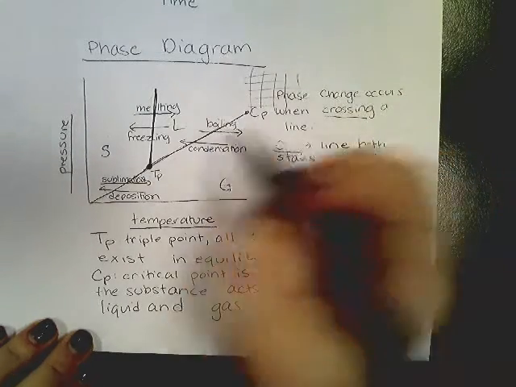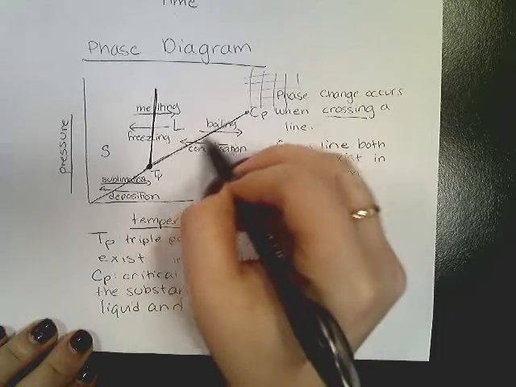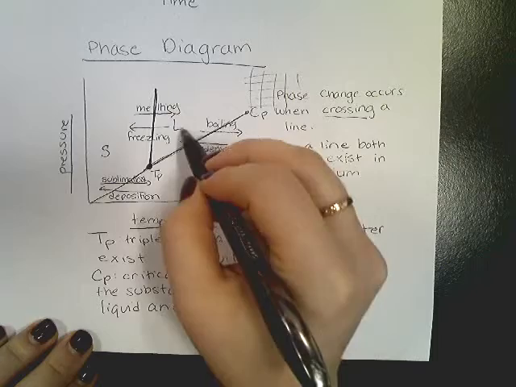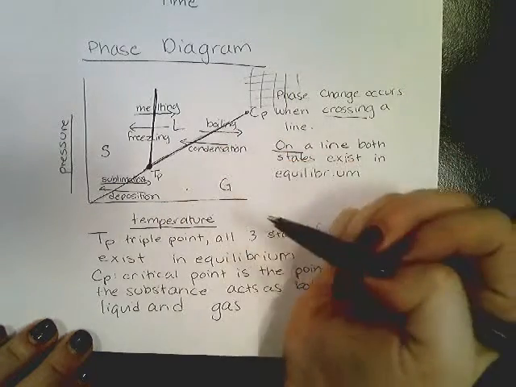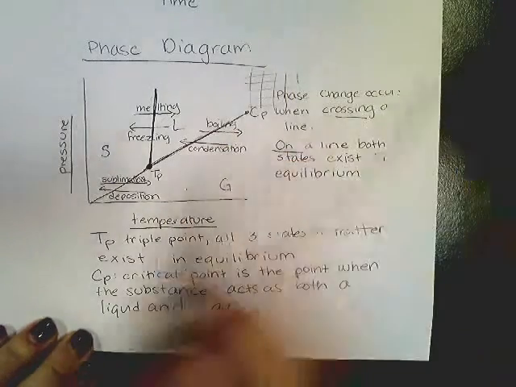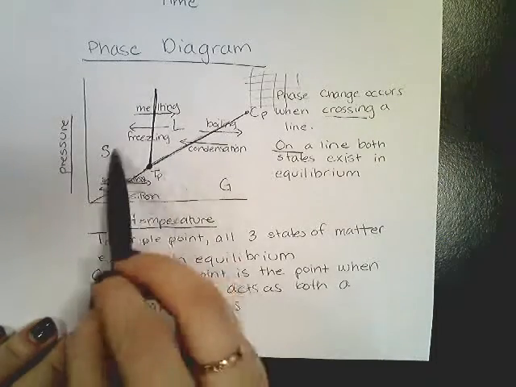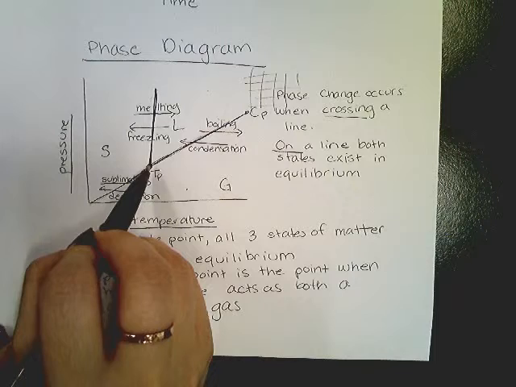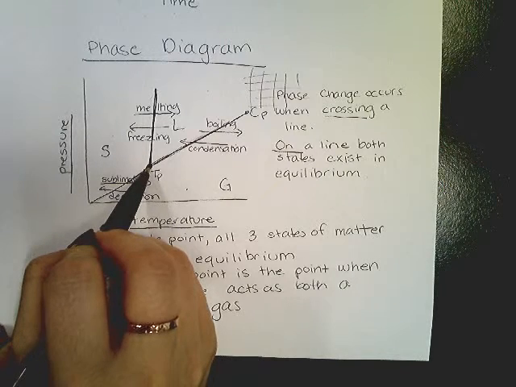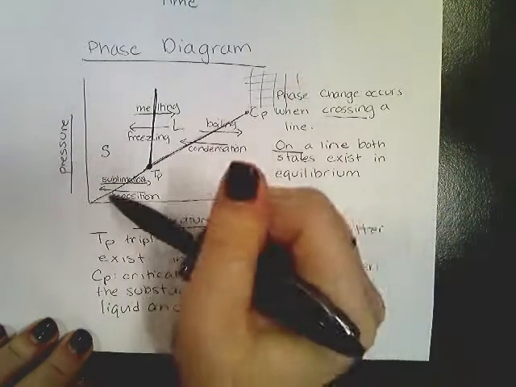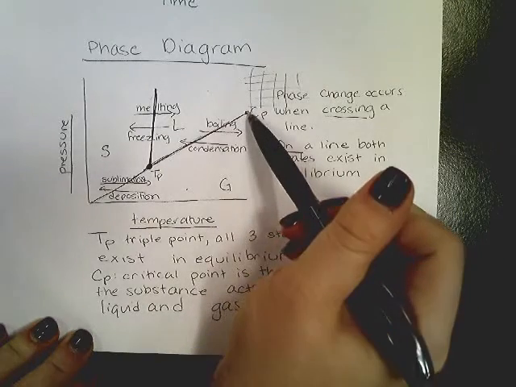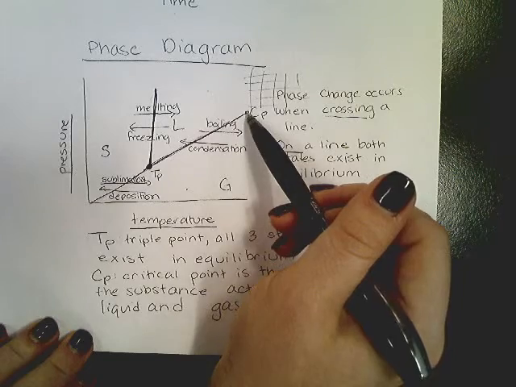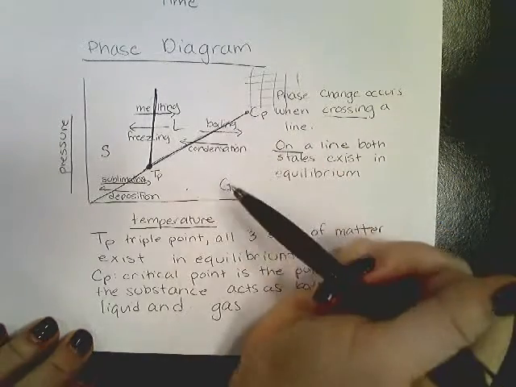When we are on a line, both states that the line touches exist in equilibrium, so we'll see just as much liquid as we do gas. Where all three states touch is a triple point, where all three states exist in equilibrium. And at the end of the line between liquids and gas, we have our critical point, and anywhere beyond this, we're going to behave like both a liquid and a gas.